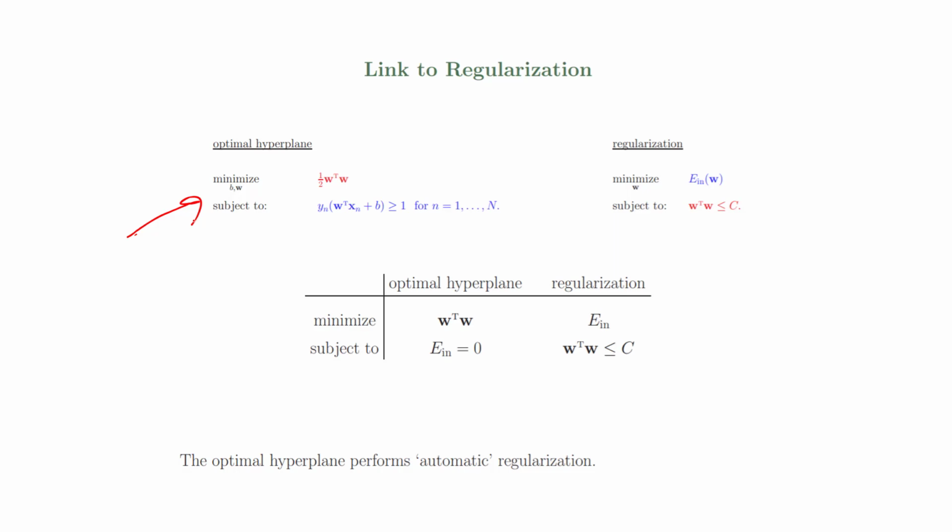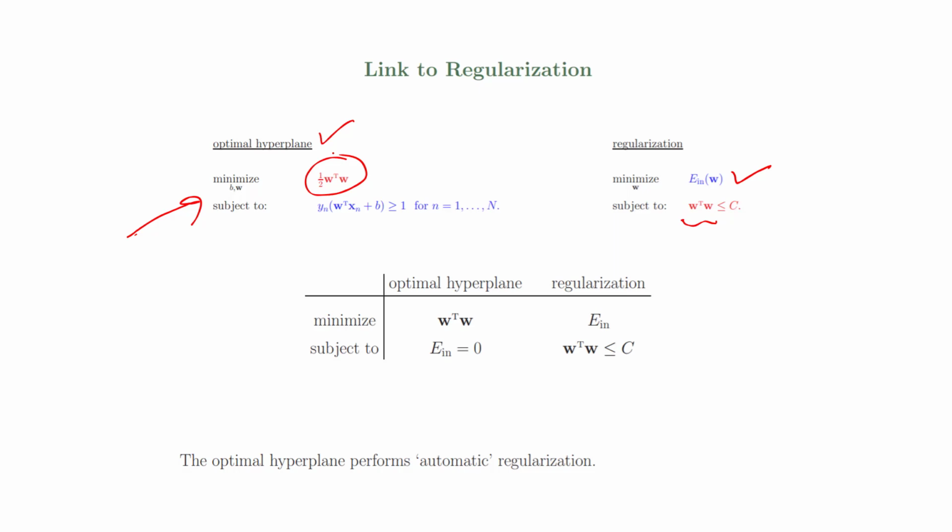Of course, we talked about it in the previous lecture, when we said that in regularization we are trying to minimize E in given some budget for my W transpose W, right? And for the optimal hyperplane, which is our support vector machines, we are trying to minimize the hyperplane weights itself, right?